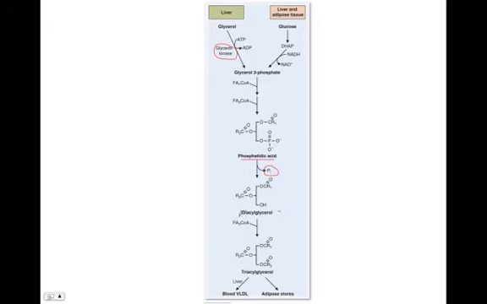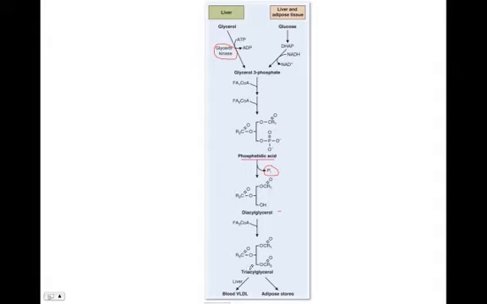The addition of another fatty acyl-CoA will generate our triacylglycerol. In the liver, the triacylglycerols are packaged in VLDLs, which can be sent out in circulation, whereas in the adipose, the triacylglycerols are directly stored.